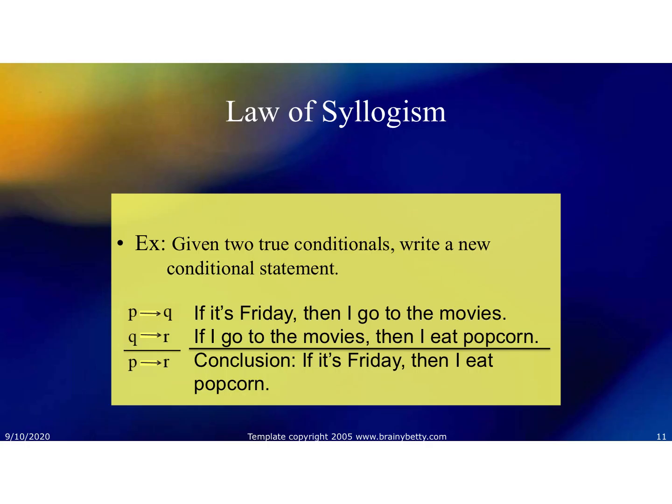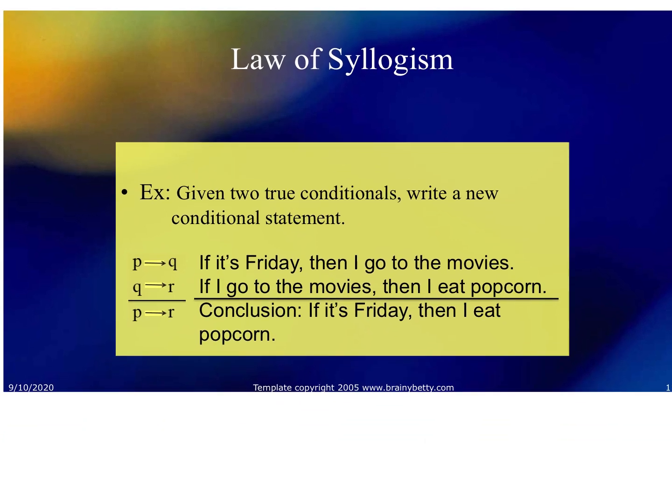Okay, so here it is telling us to use the law of syllogism. Now, on the test and the quiz, I may not tell you which law to use, so you need to understand both. So they're giving me two true conditionals. They want us to write a new conditional statement using the law of syllogism.